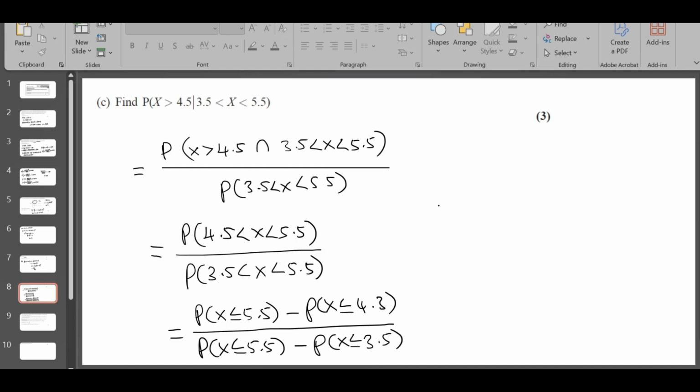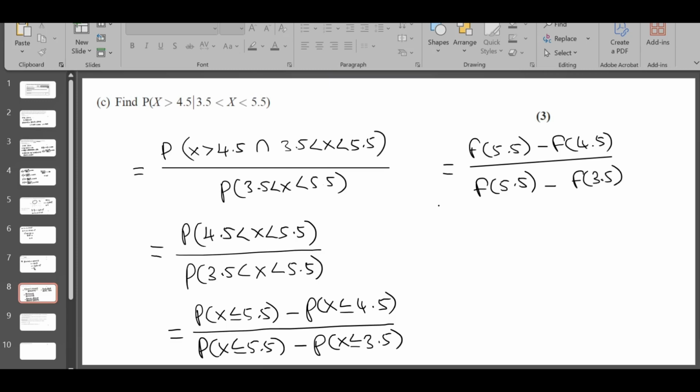Don't worry about the equal symbol because it's a continuous random variable. So you can use the cumulative: capital F of 5.5 minus F of 4.5, divided by capital F of 5.5 minus F of 3.5. So we need to calculate these values.